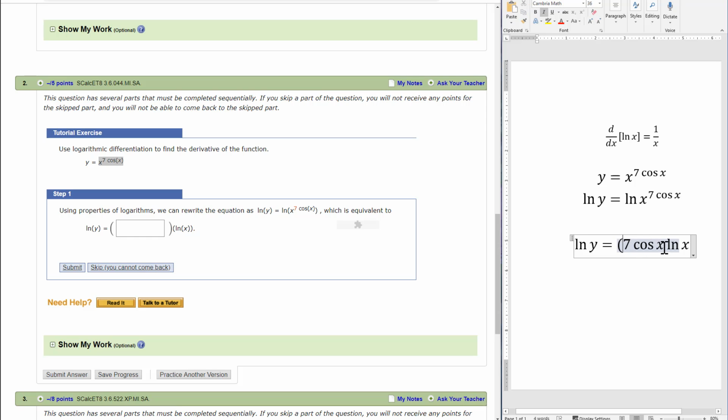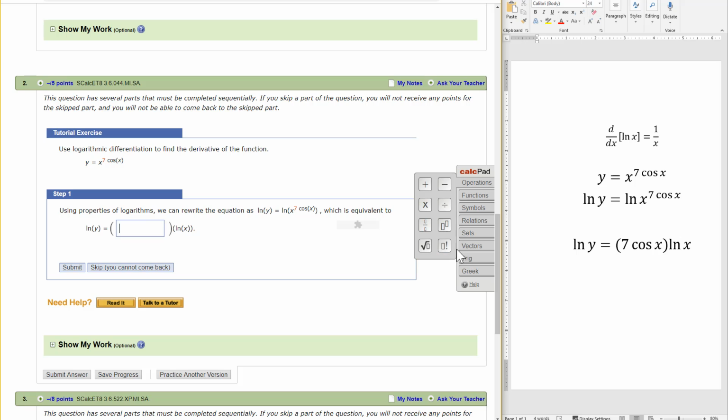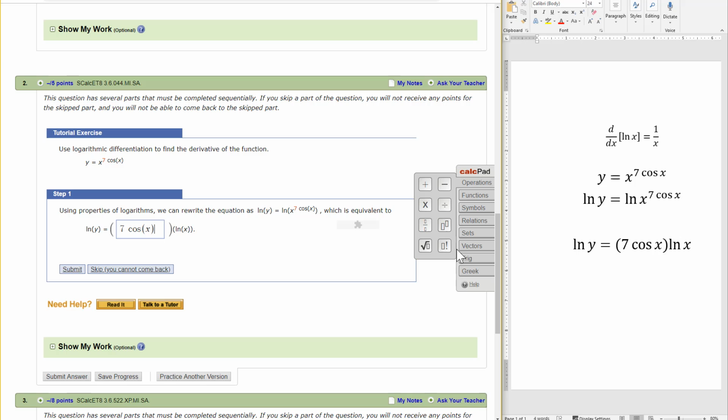The right hand side actually becomes 7 times cosine x times the ln of x. So they want us to use the properties of logarithms to rewrite this equation after we take the ln of both sides, and that's equivalent to 7 times cosine of x times the ln of x. Okay?